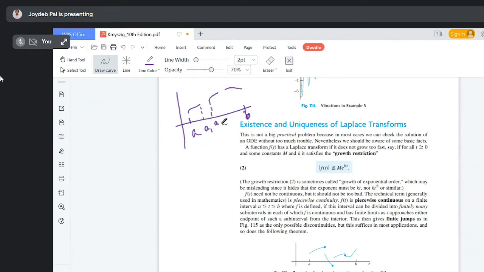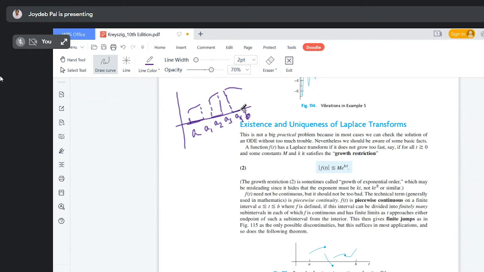Look, I have split the interval AB in that way: A1. So in the interval A1 the function is continuous. In the interval A2 to A3 the function is continuous.